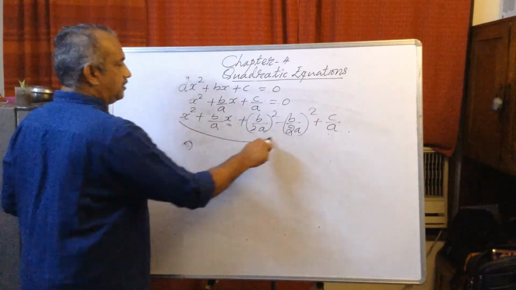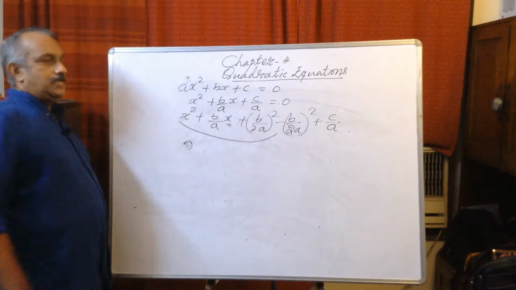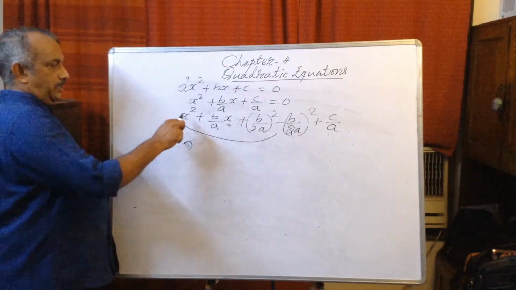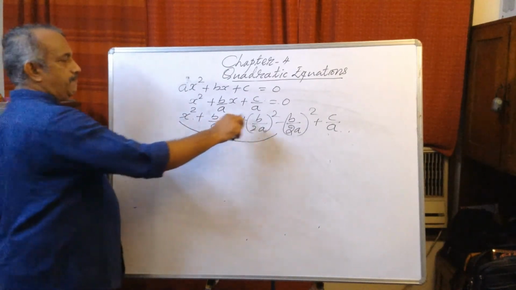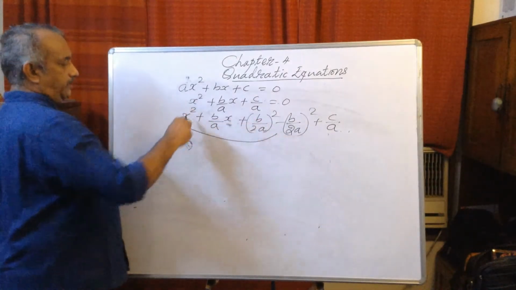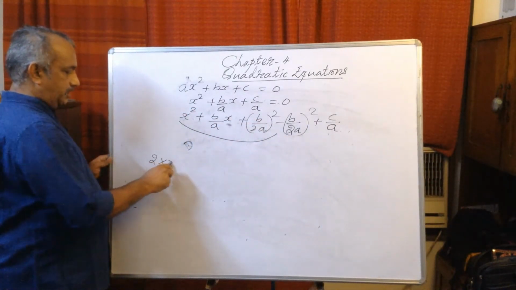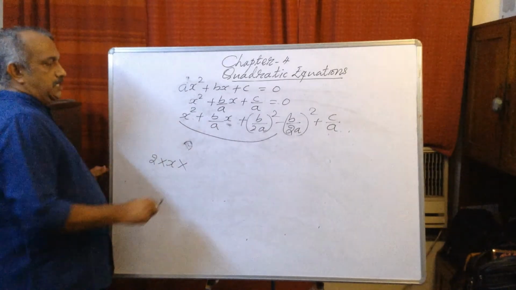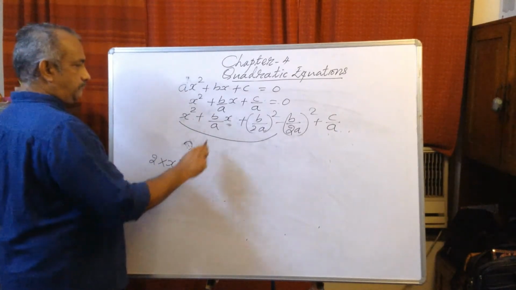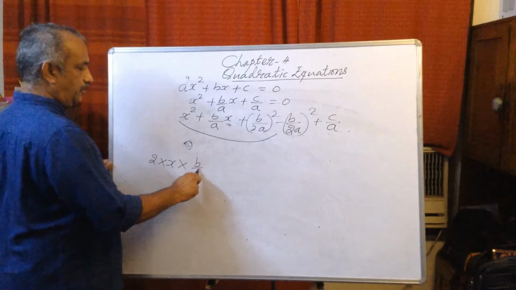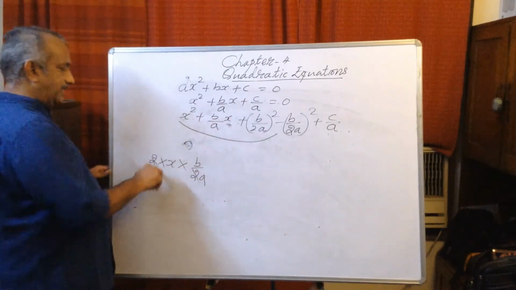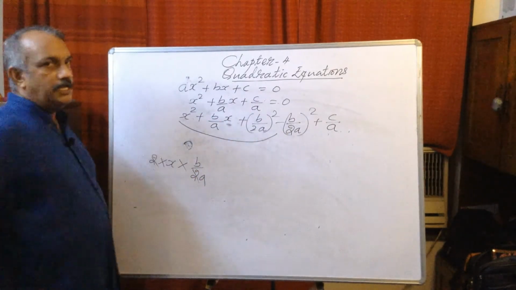Now these three terms are in the form a plus b the whole square, a square plus 2ab plus b square. If you multiply 2 into a into b, b upon 2a, 2 and 2 get cancelled, again b upon a x only we get.